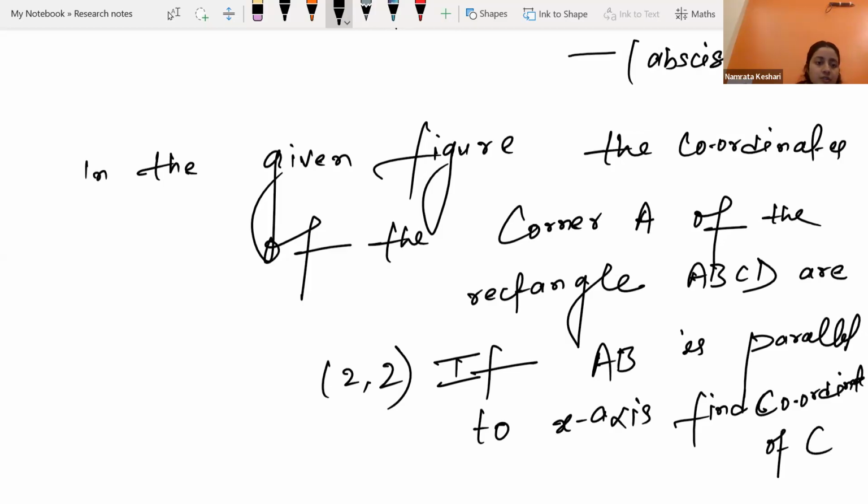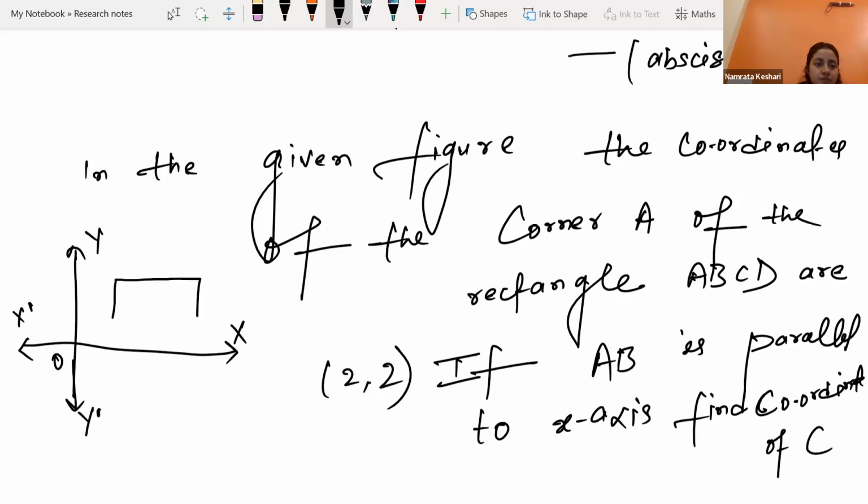Okay, the figure looks like this. This is the point, this is how we are having the figure.